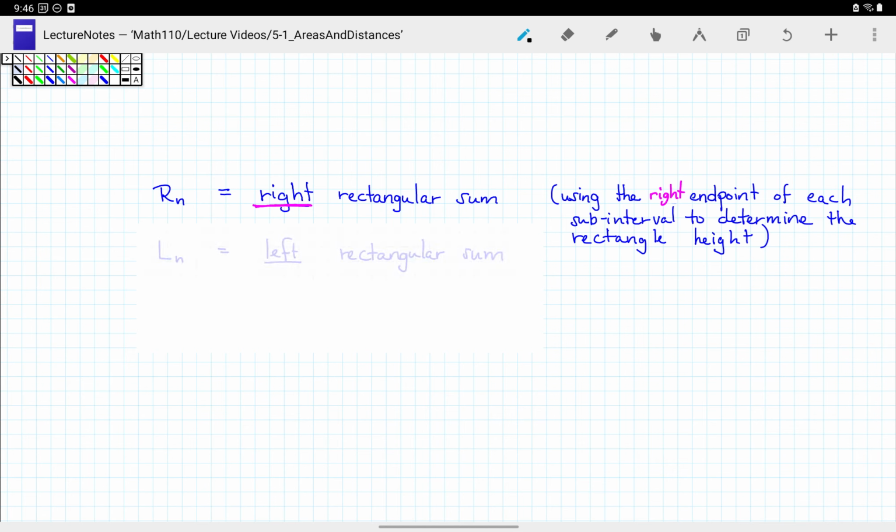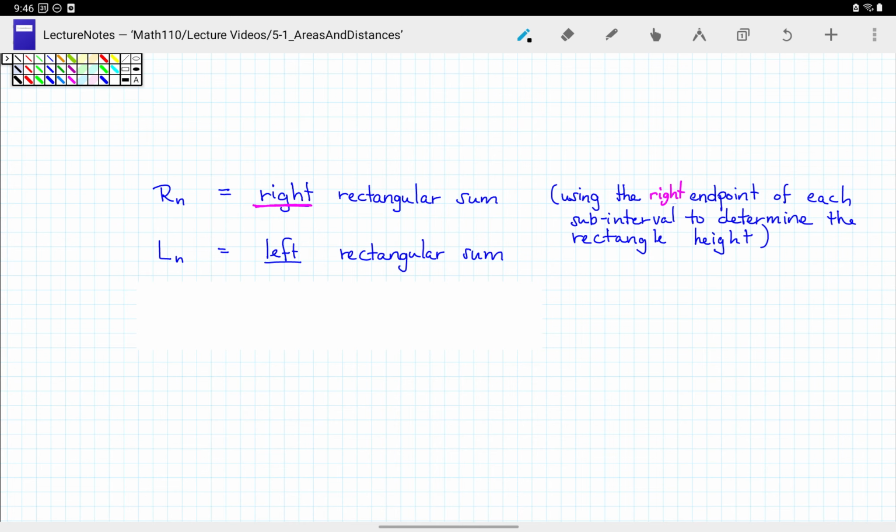And our textbook and some other sources would in fact use L sub n, or L sub 1, L sub 2, to denote the left rectangular sums. So in this section, I think that it would be more consistent for me to have used L sub n. And my video editing skills are not great enough to go and correct that.